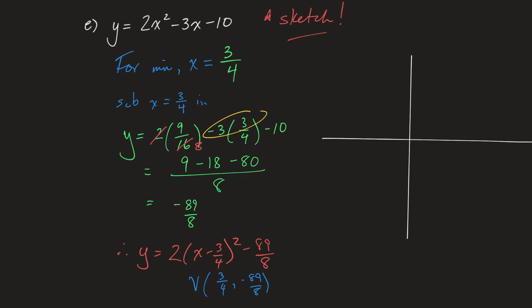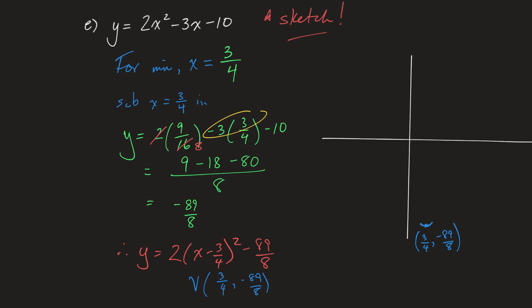I take a look, my parabola is opening up, so I will be able to sketch my parabola on my set of axes. I like that. So I'm going to get rid of all those arrows, and I'm just going to put on my vertex. My parabola is opening up, so I'm going to label my vertex below. Okay, there is the most important point.